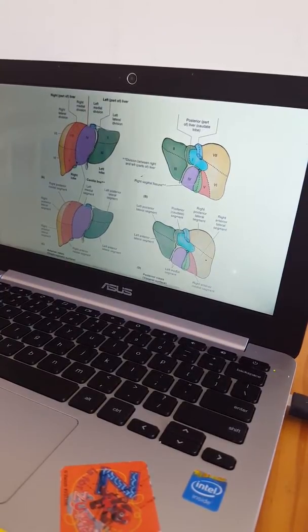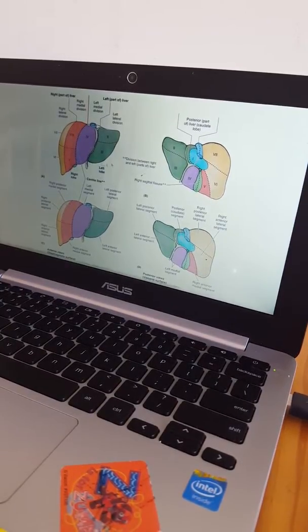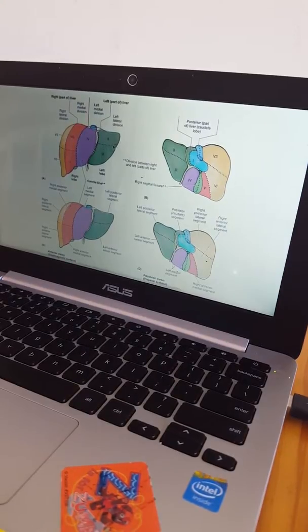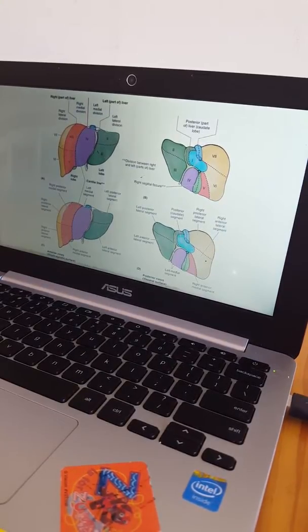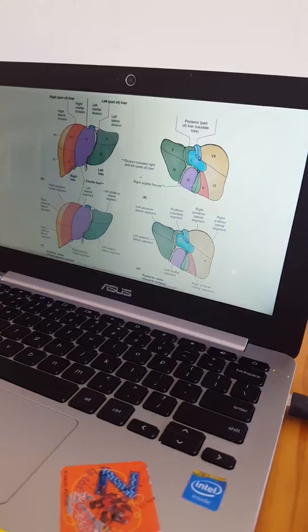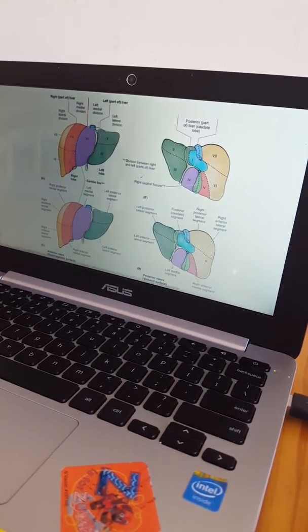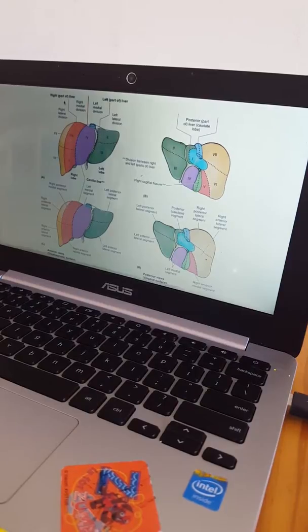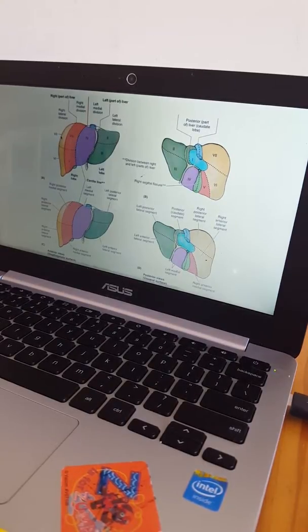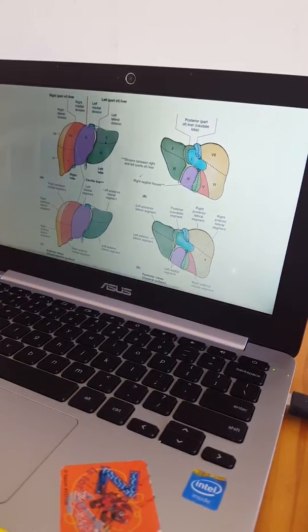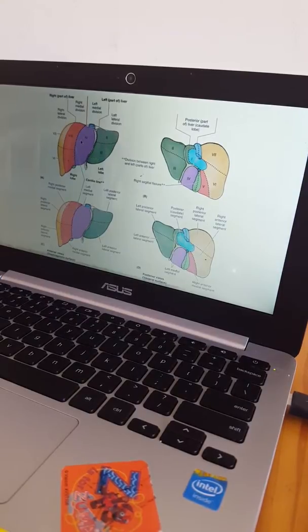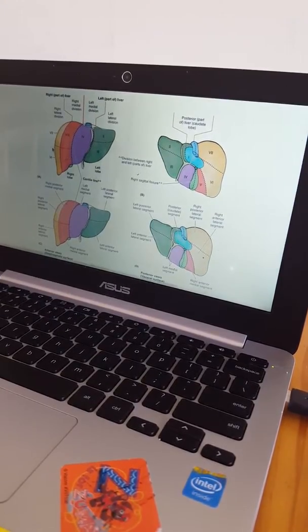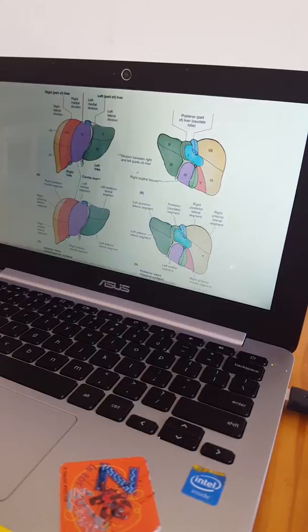After doing this, they made the names like this. 2 and 3 are the left lateral, 4 is the left medial, right medial has 5 and 8, and right lateral has 6 and 7. So it's forming like this.